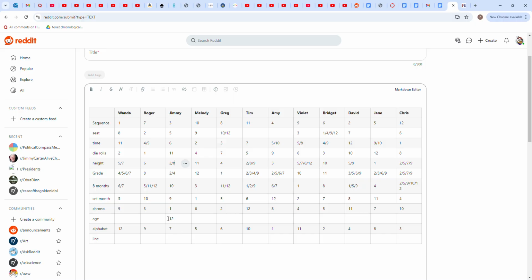The next oldest is definitely going to be Roger. As we've mentioned, he is definitely the oldest. We don't necessarily know who's older between Greg and Bridget. We only know that Melody is older than Violet, and we know that Bridget is older than Melody.